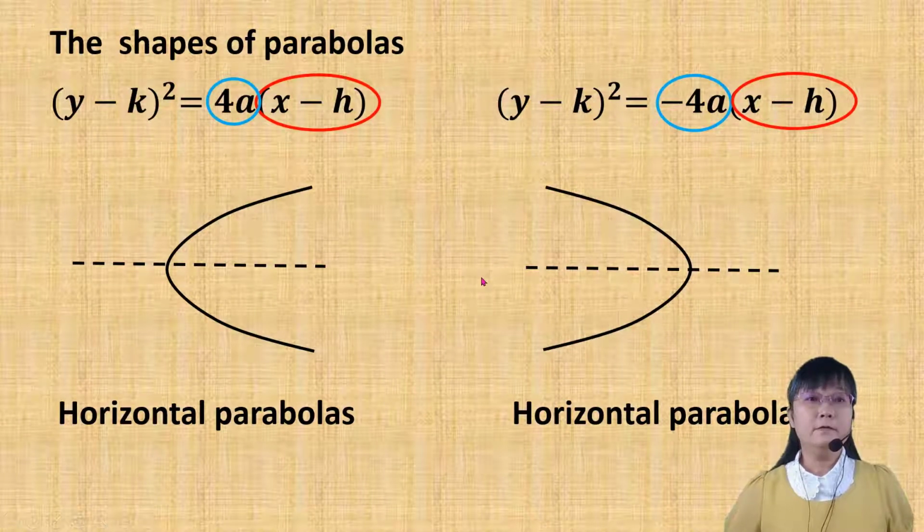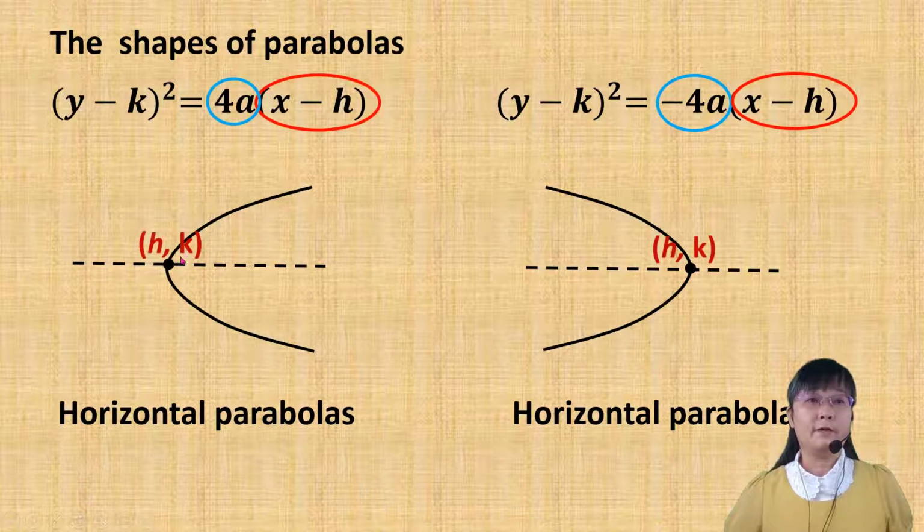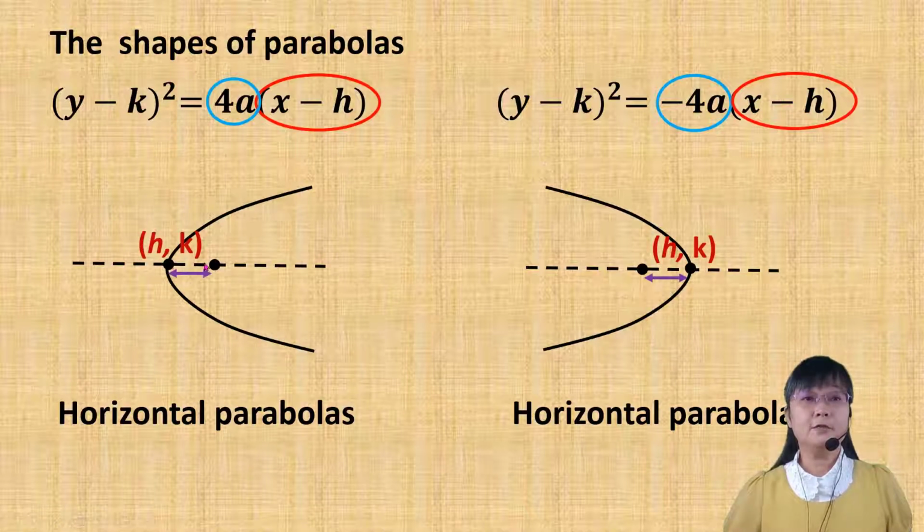Now, to find the coordinates of the vertex, we can take it from the x factor and y factor. Then to find the focus, we know that the distance from the vertex to the focus is a. A can be taken from the standard form of the equation of the parabola.